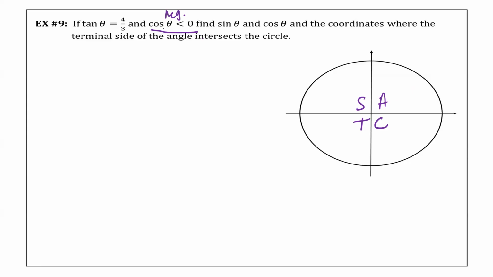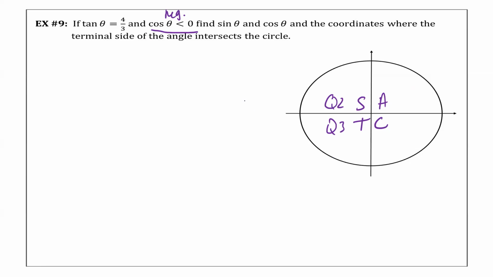So the possible quadrants for negative cosine are quadrant 2 and quadrant 3. Does that make sense? Otherwise, cosine is positive.